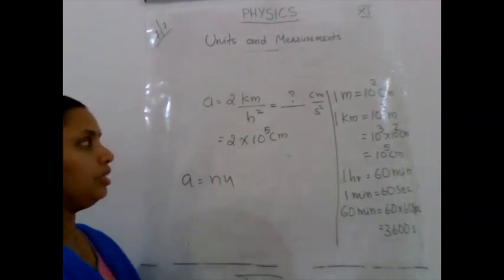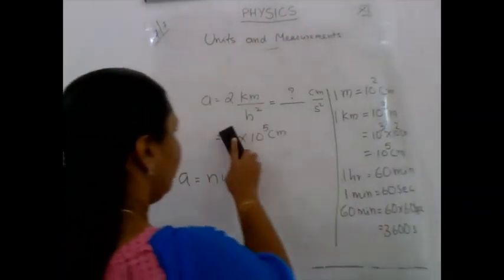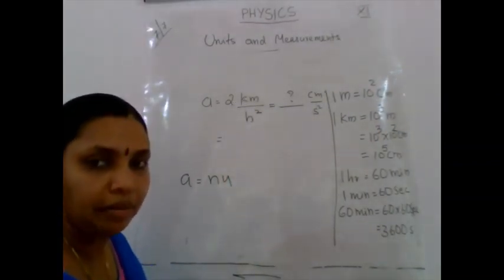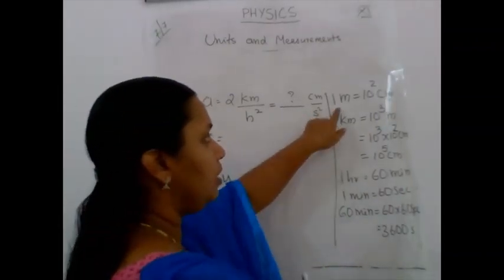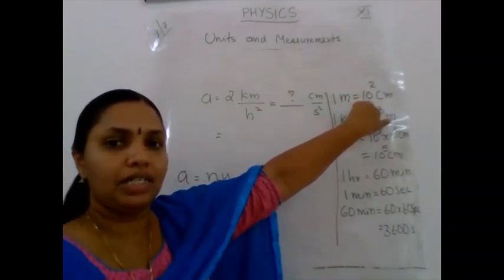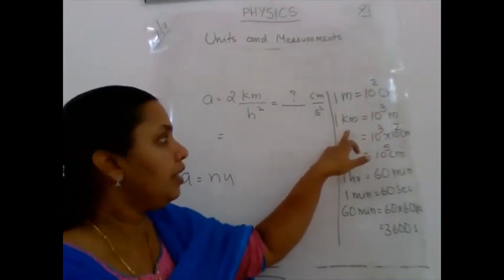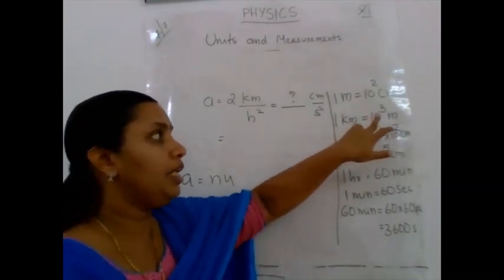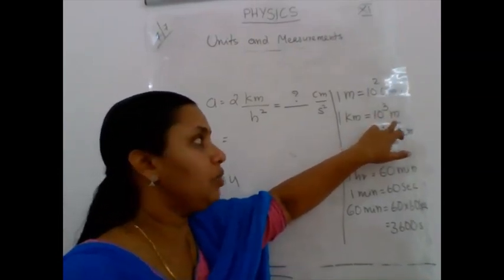What you have to do here is convert kilometer to centimeter first. We have 1 meter equal to 100 centimeter, so as the prefix it is 10 raised to 2 centimeter. Then 1 kilometer is equal to 10 raised to 3 meter, that is 1000 meter.